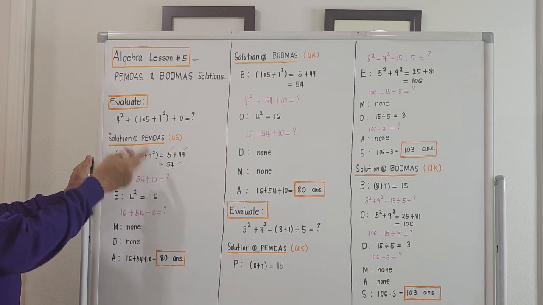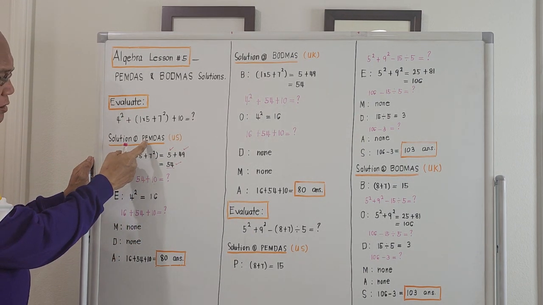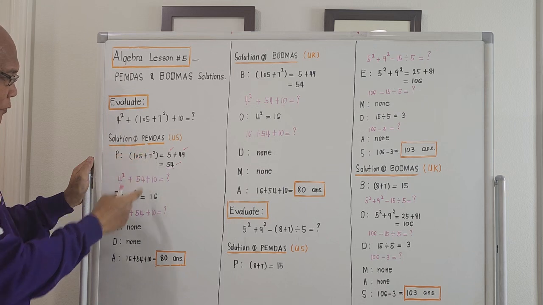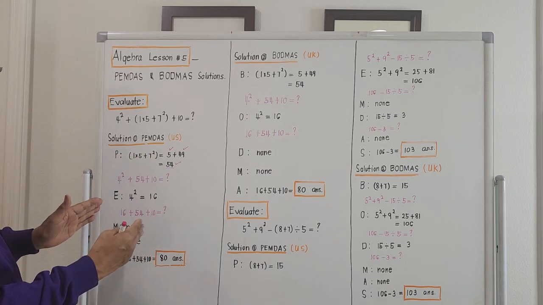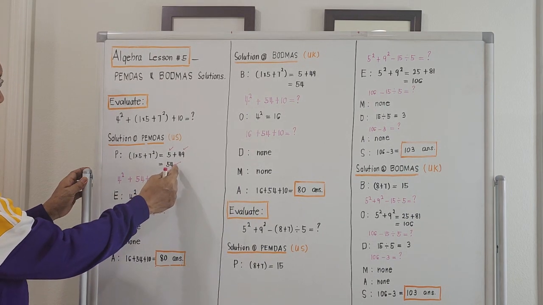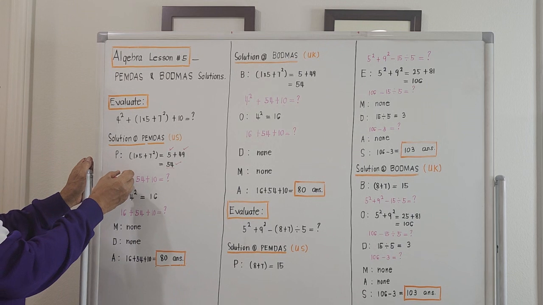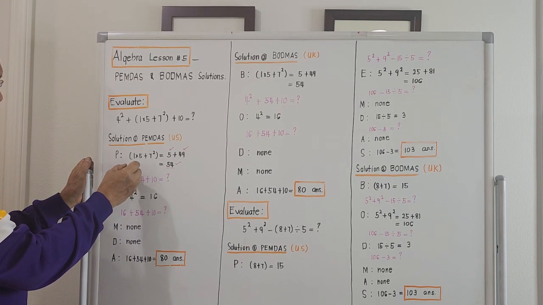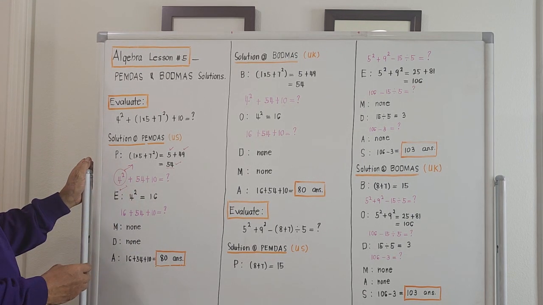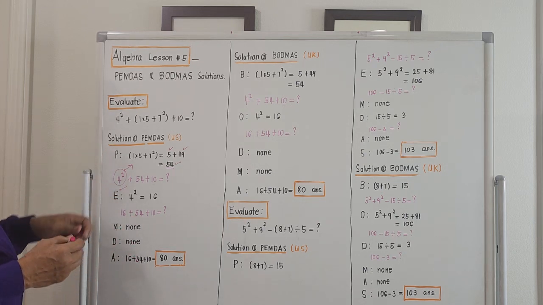For PEMDAS, the next priority evaluation should be all the terms with exponents. If we inspect the resulting mathematical expression after the insertion of this 54, this portion here falls under exponent, right? So the next priority to be evaluated is this 4 square here.